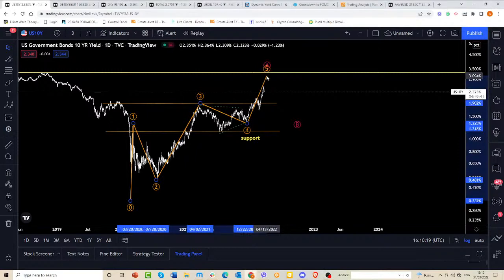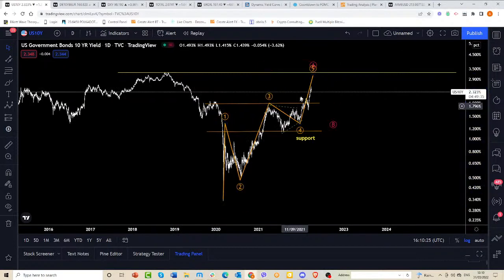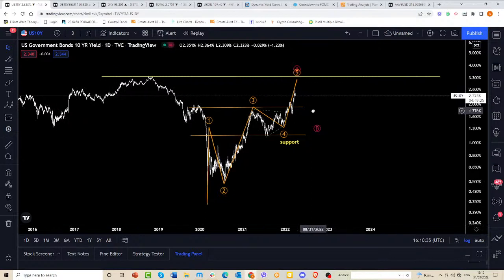This, as you can see, is the upper resistance. Are we going to go up to these levels? Yeah, maybe, or we can even retrace a little bit before.